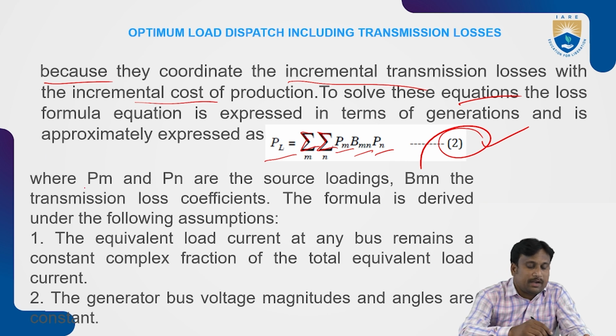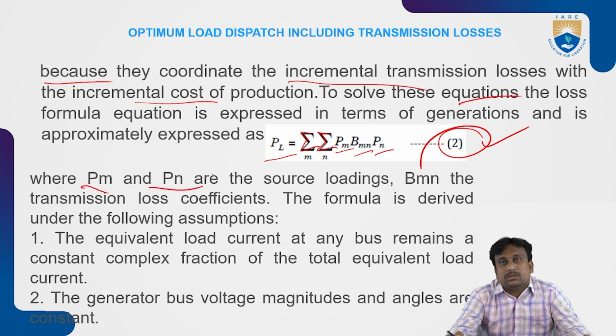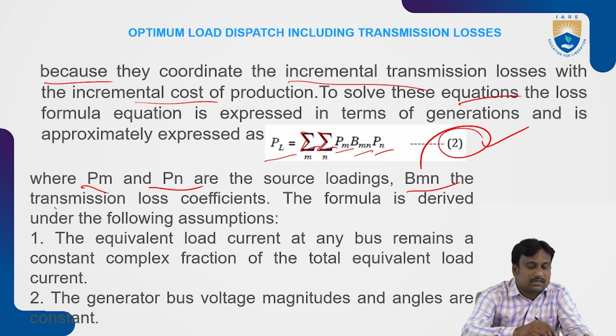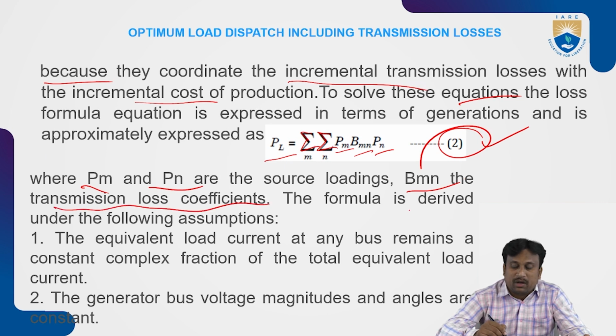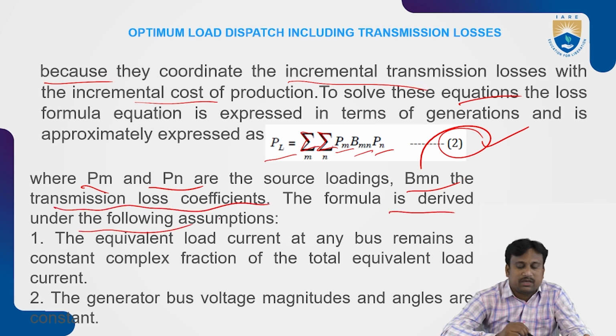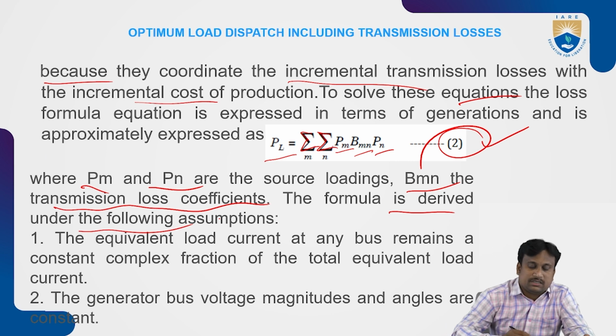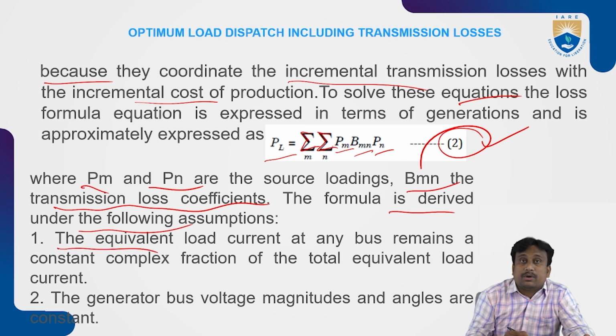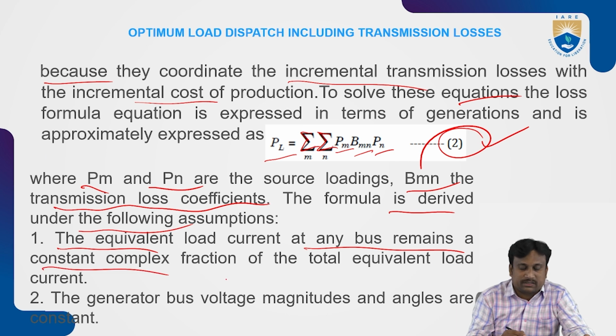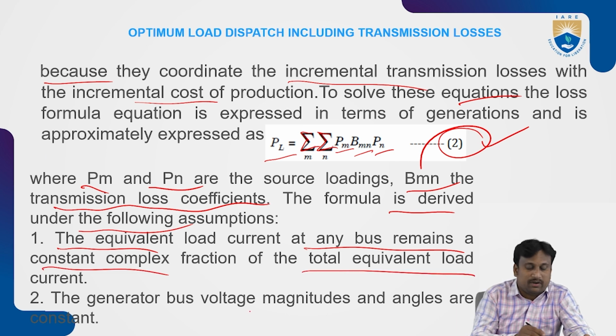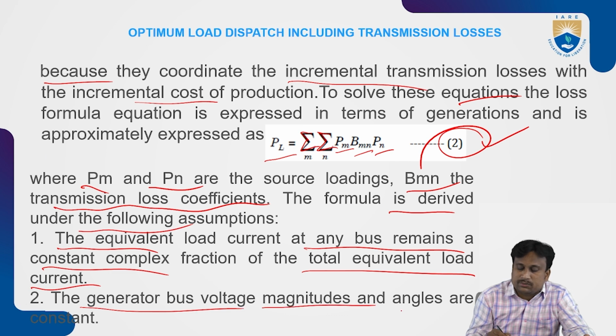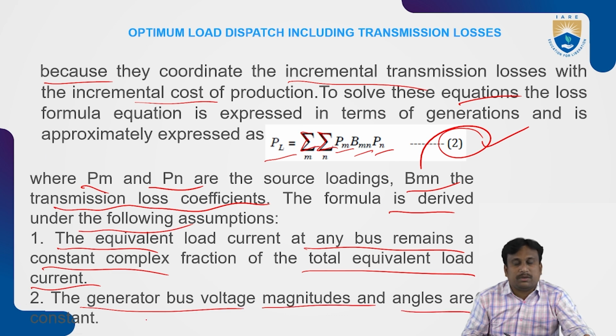Here Pm and Pn are the source loadings, and Bmn is the transmission loss coefficient, and the formula is derived under the following considerations. The equivalent load current at any bus remains a constant complex fraction of the total equivalent load current. The generator bus voltage magnitudes and angles must be constant.